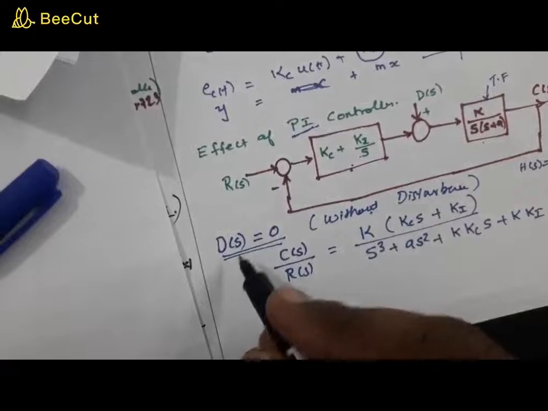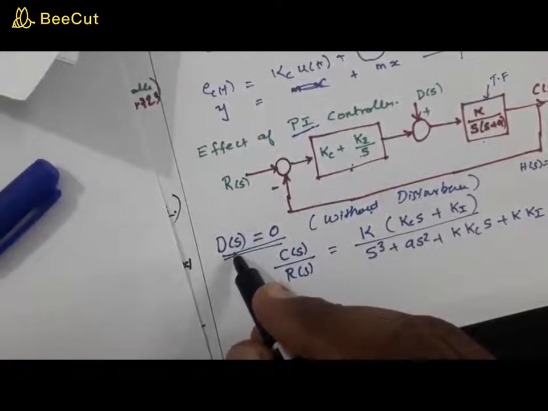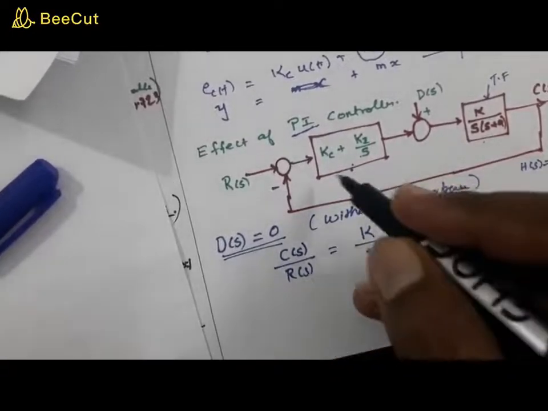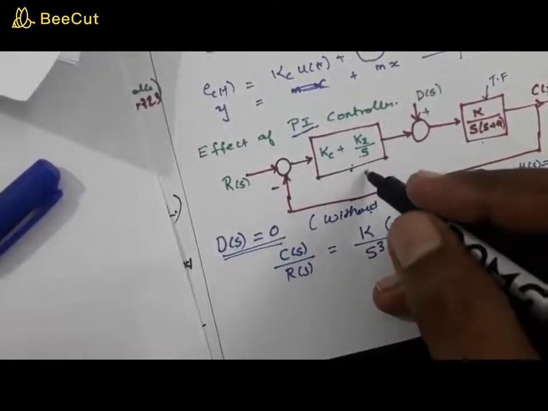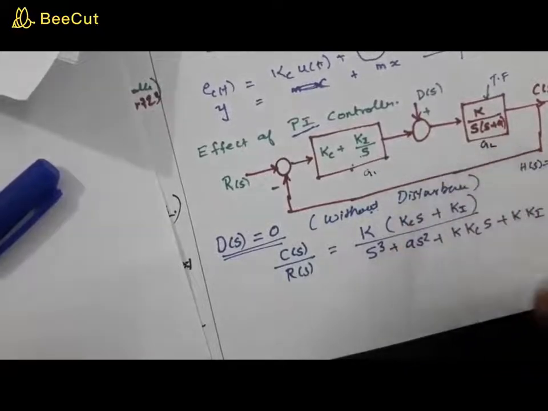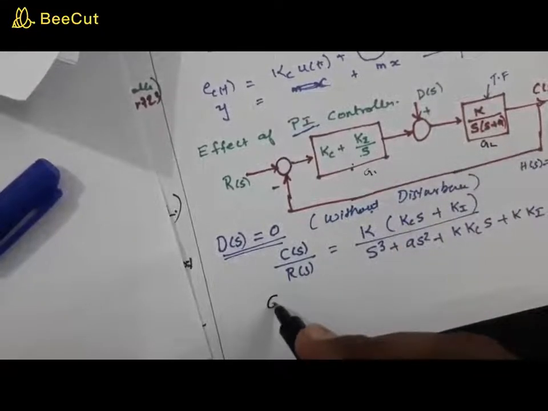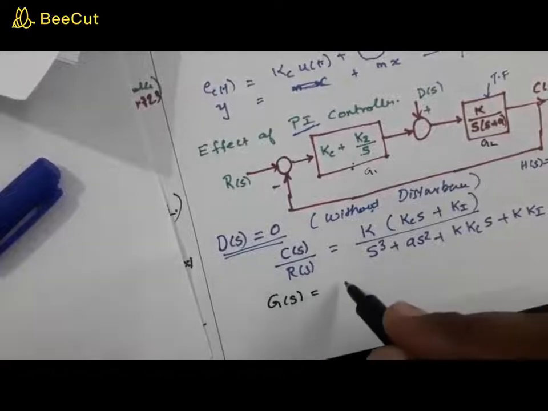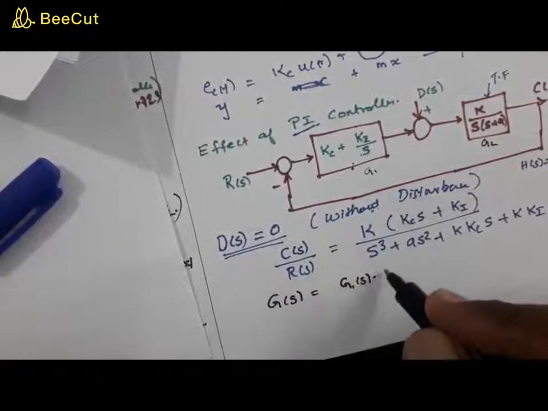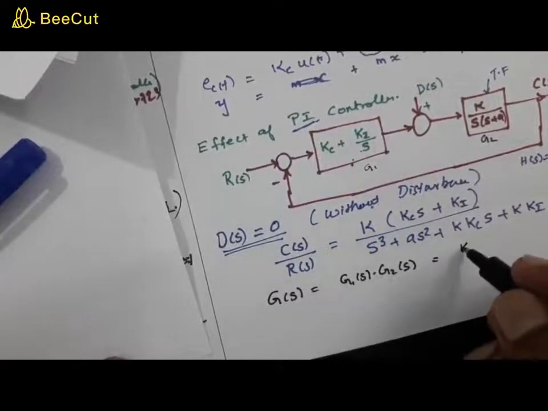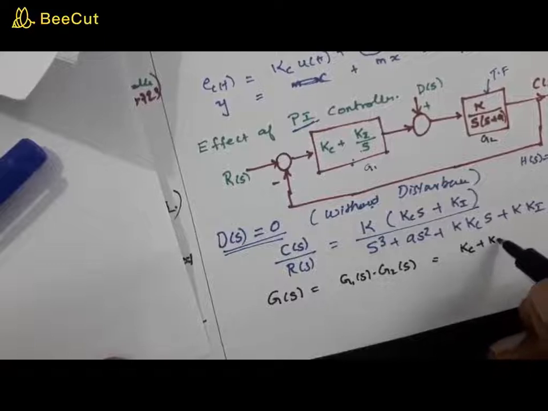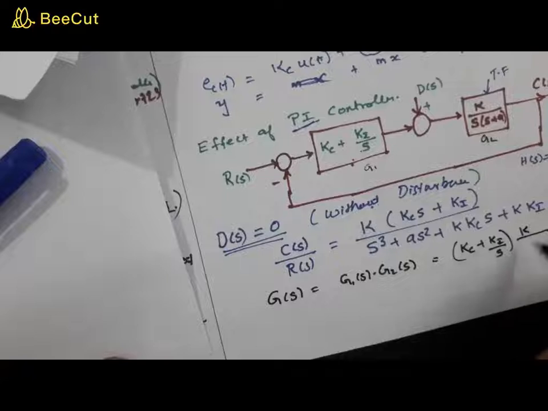Now, as you can see, we have assumed that d of s is equal to 0. That means you can consider this as g1 and this as g2, right? So what will be the overall g of s? The overall g of s will be g1 of s into g2 of s, which is equal to (kc plus ki by s) the whole into k divided by s into (s plus a).